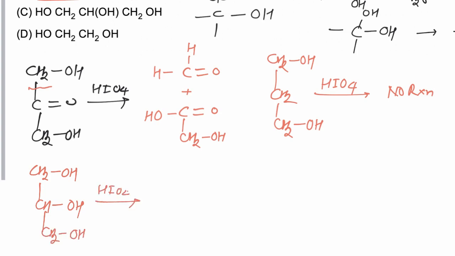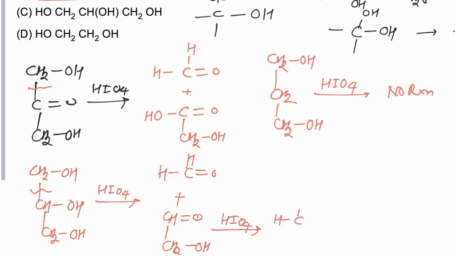On reacting with HIO4, when the first equivalent of HIO4 is consumed, it will be converted to HCHO, formaldehyde, plus CHO, CH2OH. Now this molecule can be further oxidized by HIO4 and it will give one equivalent of formic acid and one equivalent of formaldehyde.